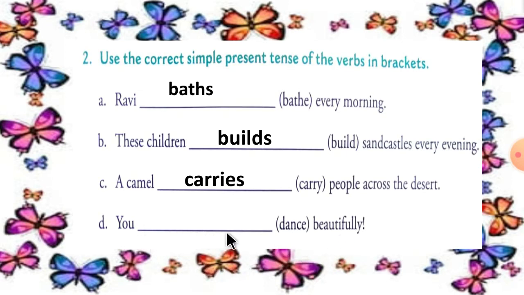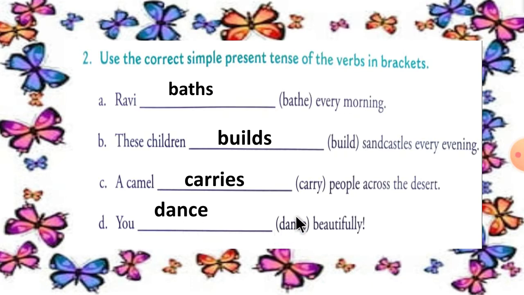Answer is dance. So here why we have not added anything, s, es or ies? Because the subject is you. When the subject is you, we, I or they, you don't need to add anything to the verb.